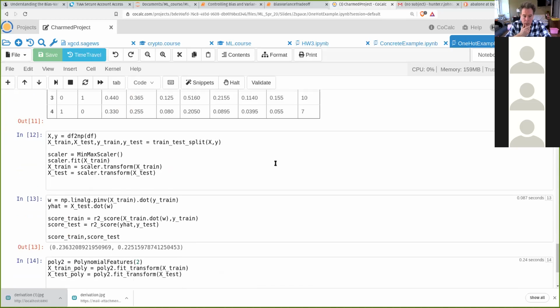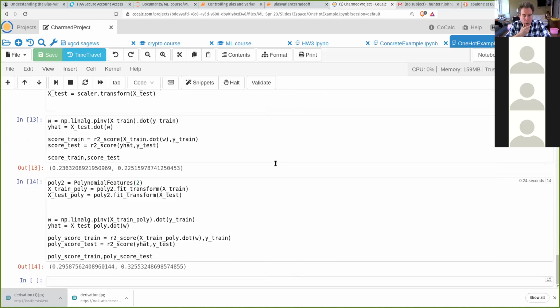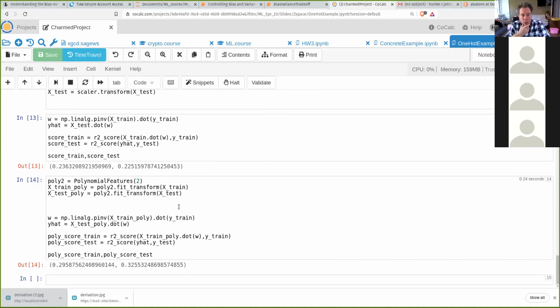All right, so how does this do? So with no polynomial features, it doesn't do much better at all. It's 22. But then if you do one hot encoding and polynomial features, then the performance goes up significantly. So this is R2 score, so higher is better.